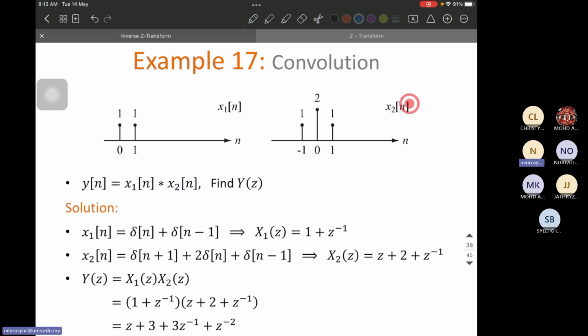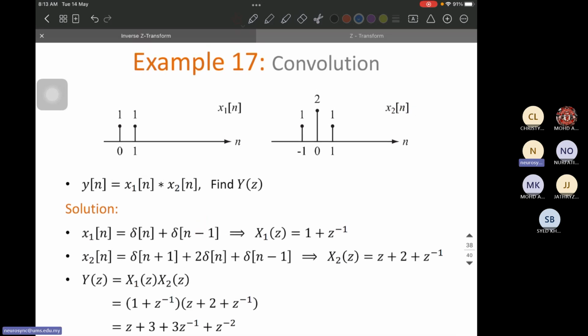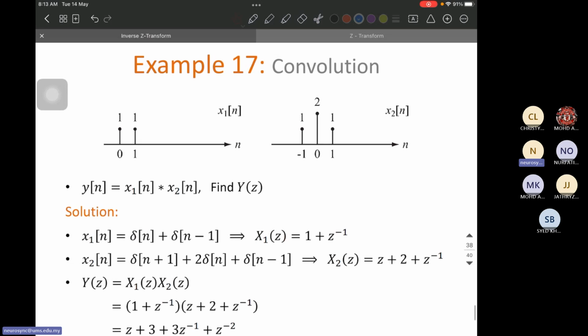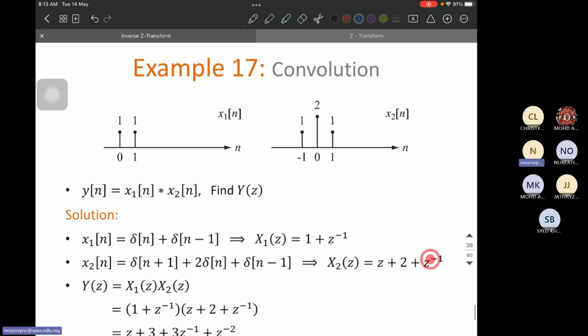The signal x2 of n, similarly, we can represent in terms of delta. So this is delta[n plus 2] plus twice delta[n] plus delta[n minus 1]. Now we can apply the Z transform for this. We know that the Z transform for x1 is 1 plus z inverse. For the second signal, the Z transform will be like this.